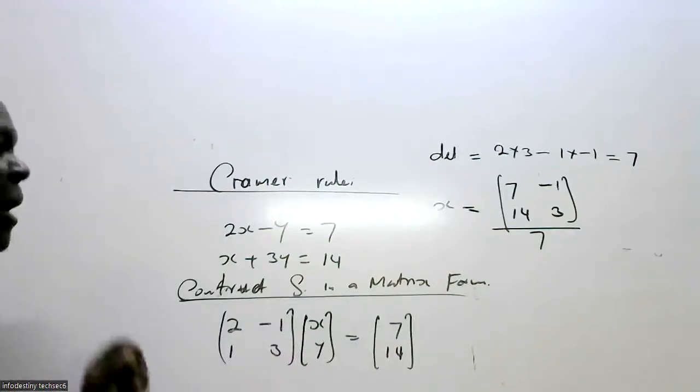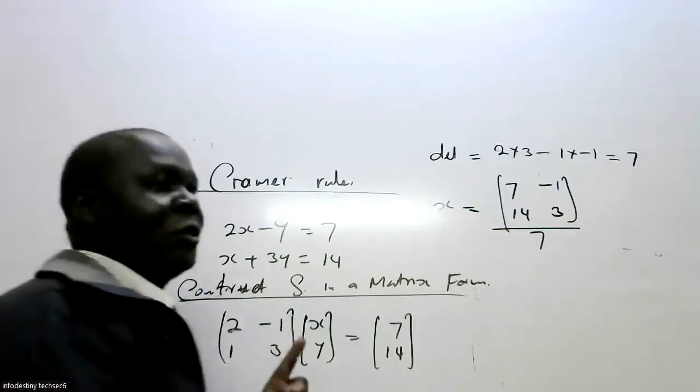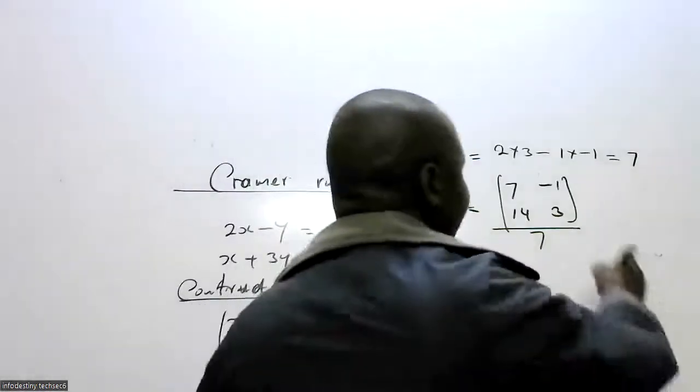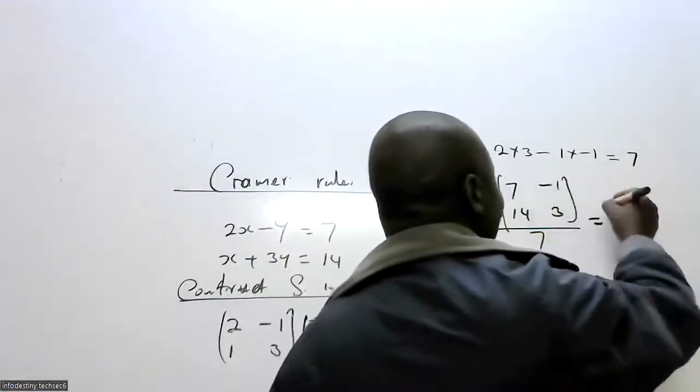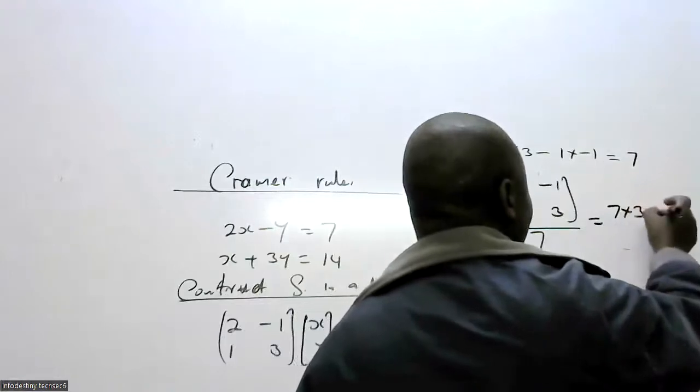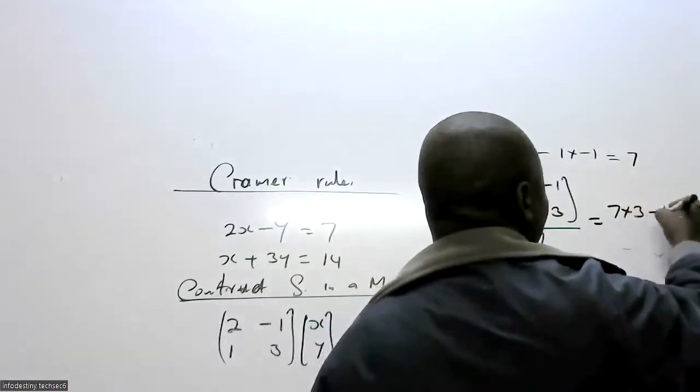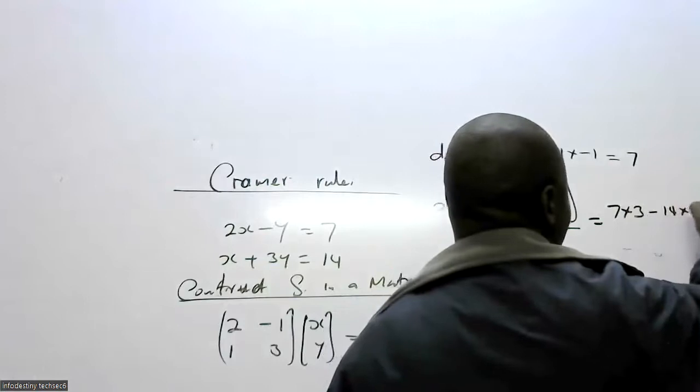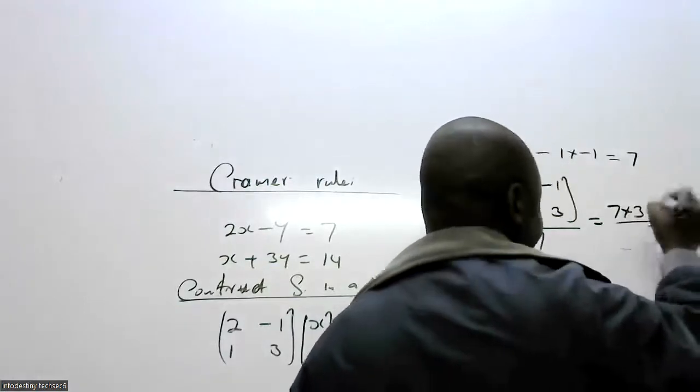After doing that, we find the determinant: 7 times 3 minus 14 times -1, and we divide by 7.